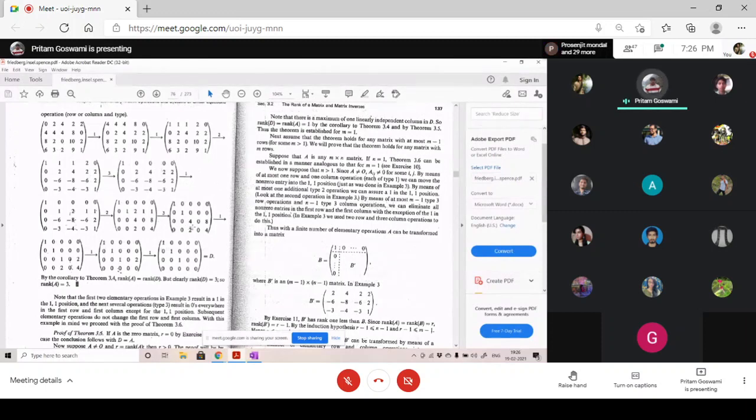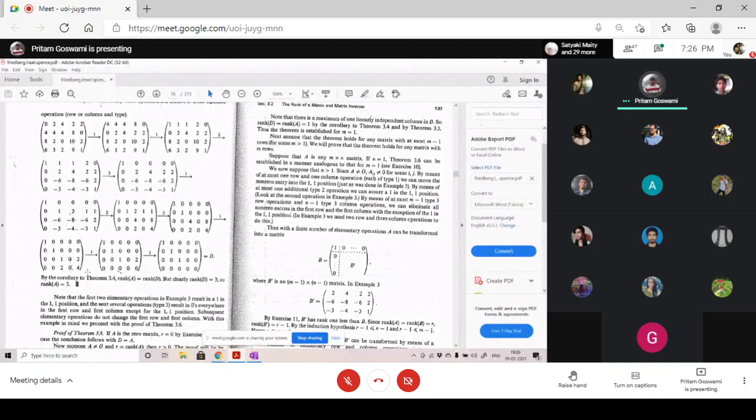Which row do they want to multiply with which constant and add to which row? So third row multiplied by minus half, and add it to the fourth row, right? So it will become 0.